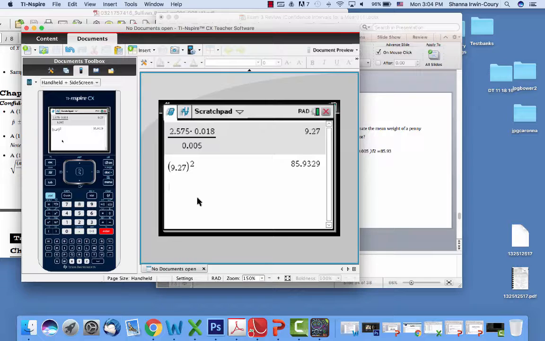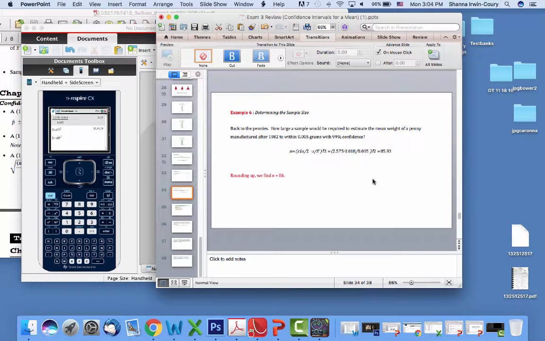So we had z times s divided by e, and then all of that squared. You can't have 85.93 people, and you have to have that person to make it work, so we get 86 for that.